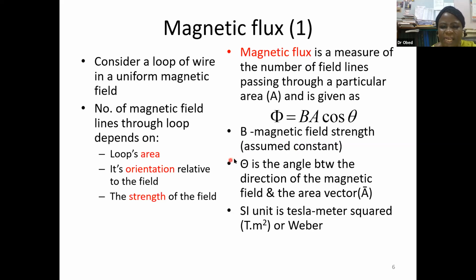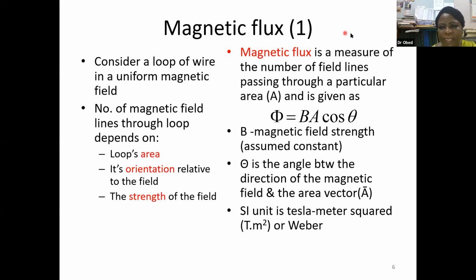Theta is the angle between the direction of the magnetic field and the area vector. The SI unit of magnetic flux is Tesla meter squared, or Weber. You can say either Weber or Tesla meter squared.